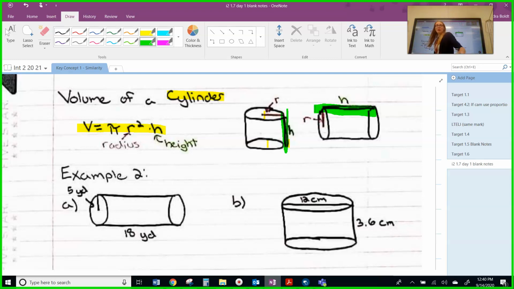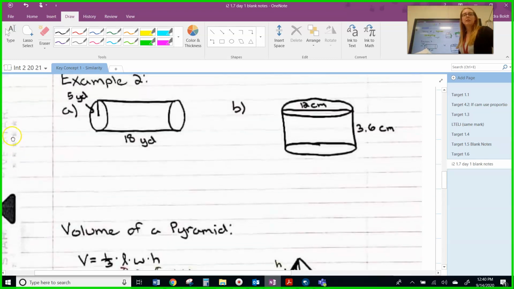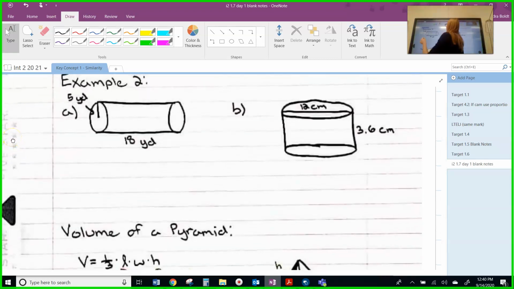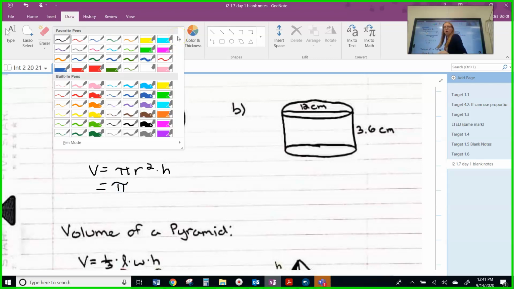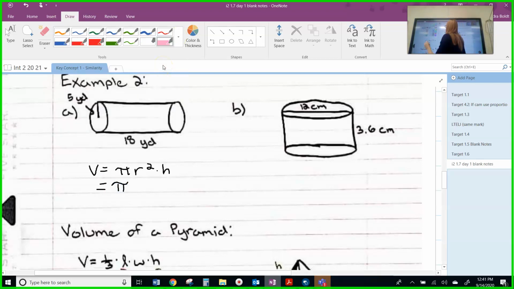All right, so let's look at our example. We have two cylinders we're going to find the volume of here. In our first example, we have volume equals pi r squared times h. Again, we don't replace pi. Our r, again, is halfway across the circle.